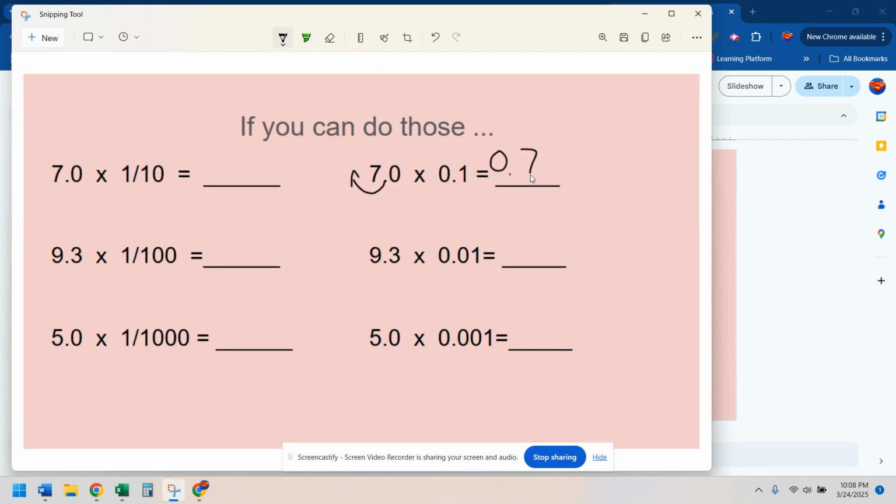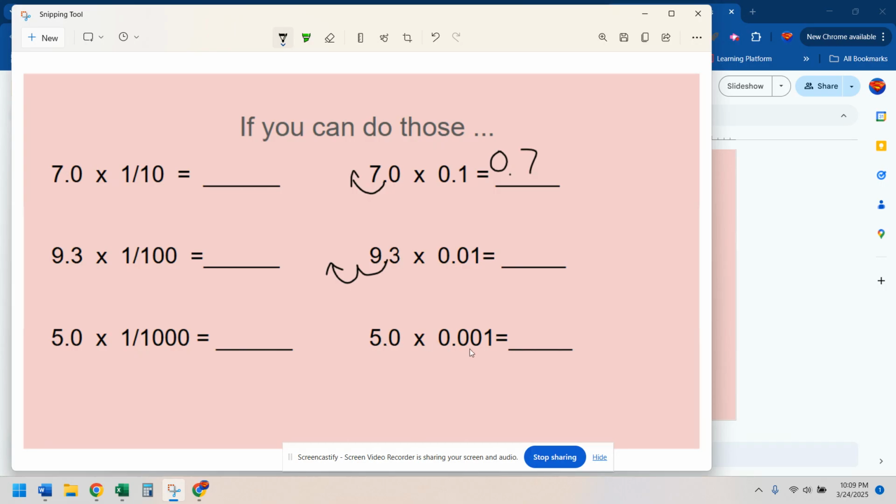Now instead of doing all of these, because I know you're listening to a lot, just think about how you would do the other two. When you multiply by 1/100th, same as we did over here, the decimal should move 2 spots over. So 1, 2, and your decimal point's there, and you get 0.093, or 93 thousandths.